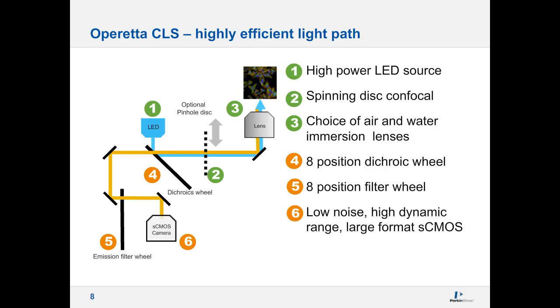We also have an 8-position dichroic wheel, which allows you to combine the excitation wavelengths and select the emission wavelengths, ideally matched to every single LED. We have a matching emission filter wheel, which is user accessible so that you can choose the right filters for your assays. And we have a large format state-of-the-art CMOS camera that captures large, high dynamic range, low noise images.